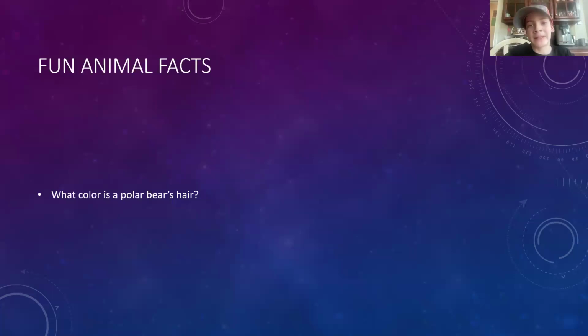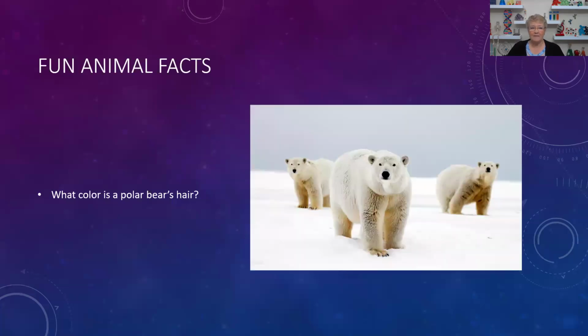Black absorbs heat so they can stay warm. That's exactly right. It helps them to soak up those warm rays of the sun in the Arctic where they live, where it's so cold. So yeah, it's a very definite advantage for them to have that white fur that reflects the light, as well as the black skin that absorbs the sun's rays.